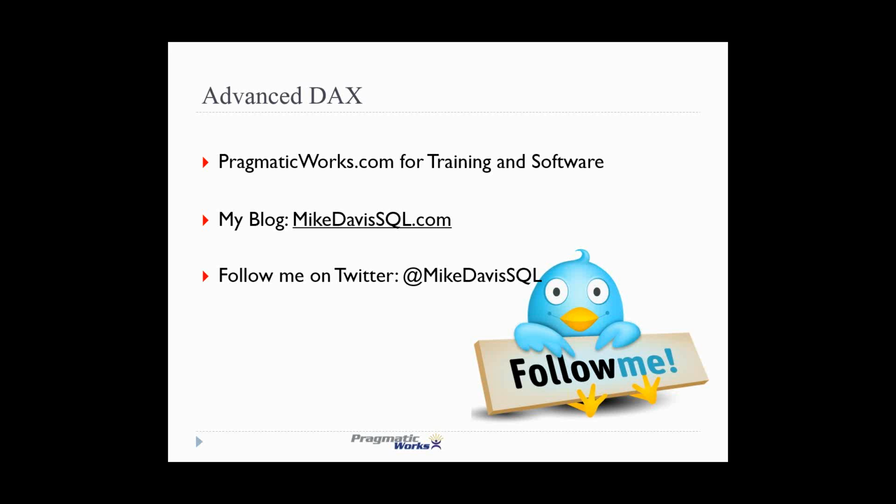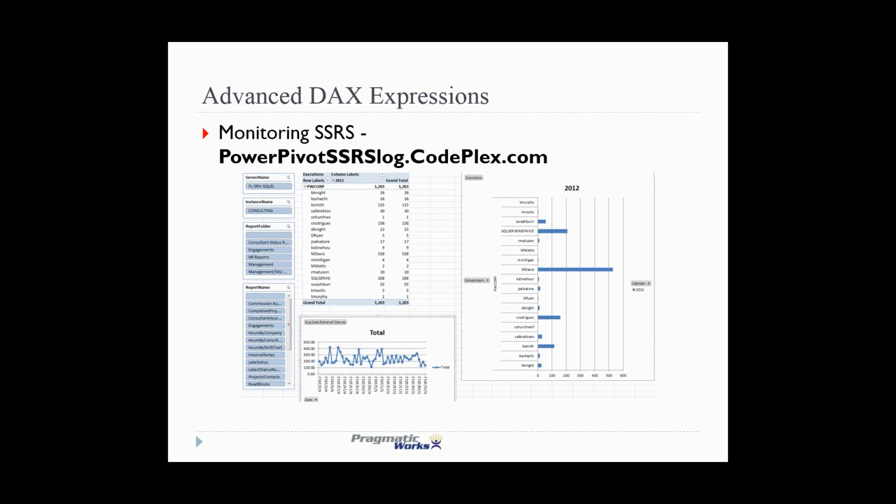Yeah. Thank you so much for presenting today. And I think that CodePlex project that you've got sounds interesting. Which one? Switching back to that screen there again. Yeah, the PowerPivot SSRS log. Wow, this is so cool. So the backend is just PowerPivot, right? And it just reads from the SSRS reporting services database at the backend? That's correct. Yep. Nice. This is very good. Just point it to your report server database, and that's it.